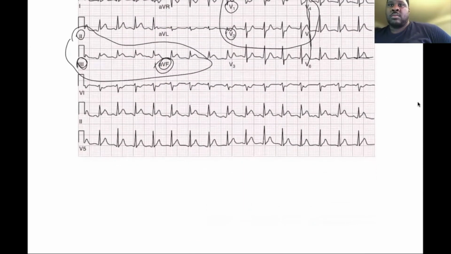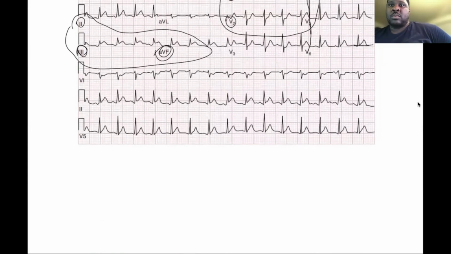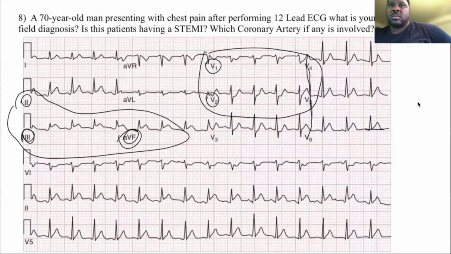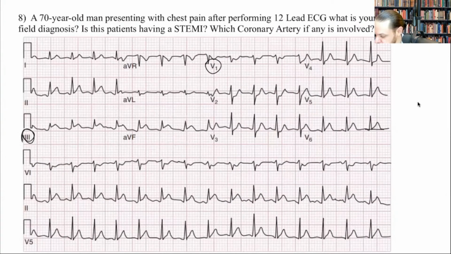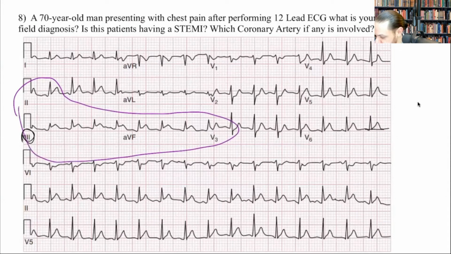So if you have elevations in the inferior leads, and you also have elevations anywhere here, then you could have the circumflex involvement.